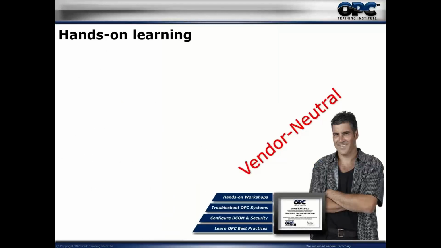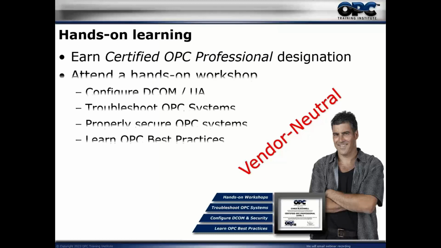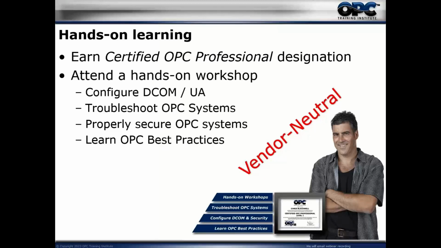Now, to get some hands-on learning, you can get your certified OPC professional designation. This is vendor neutral training, and it shows you how to configure OPC with DCOM, with OPC UA, how to do the certificates, how to put the security in. We show you how to do all of that in the classes. You troubleshoot OPC systems, you get it fixed, we break it, you have to fix it, then we break it again, and you have to fix it.